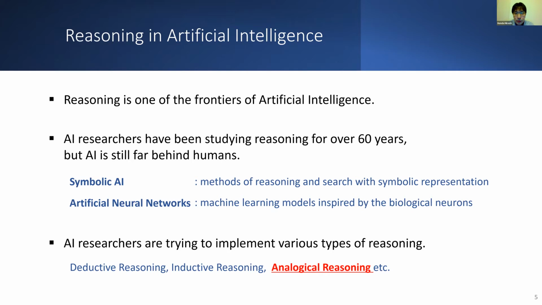Artificial neural networks are machine learning models inspired by biological neurons. By these methods, AI researchers are trying to implement various types of reasoning, for example, deductive reasoning, inductive reasoning, and analogical reasoning, etc.